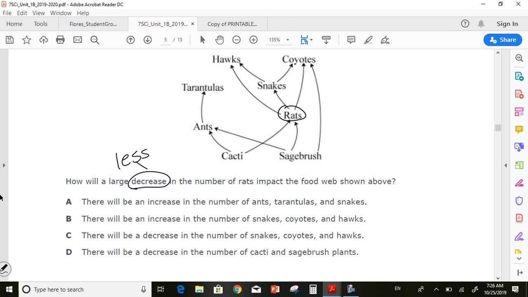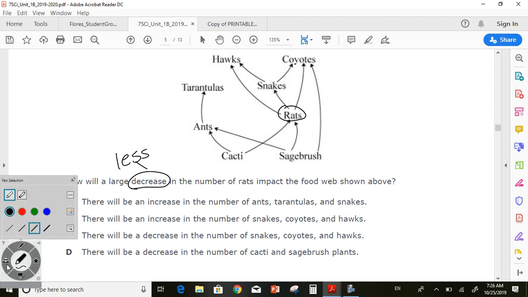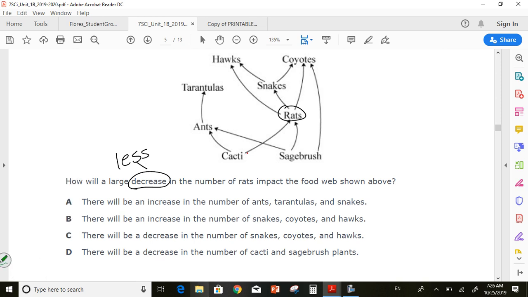Well, let's see if I can change this color. Alright. We have the cacti being connected, the sagebrush, the hawk, oh, not that one.